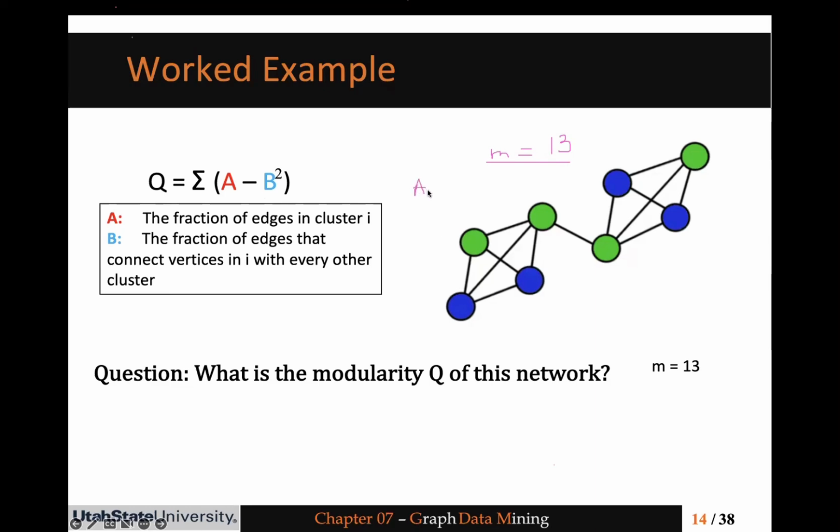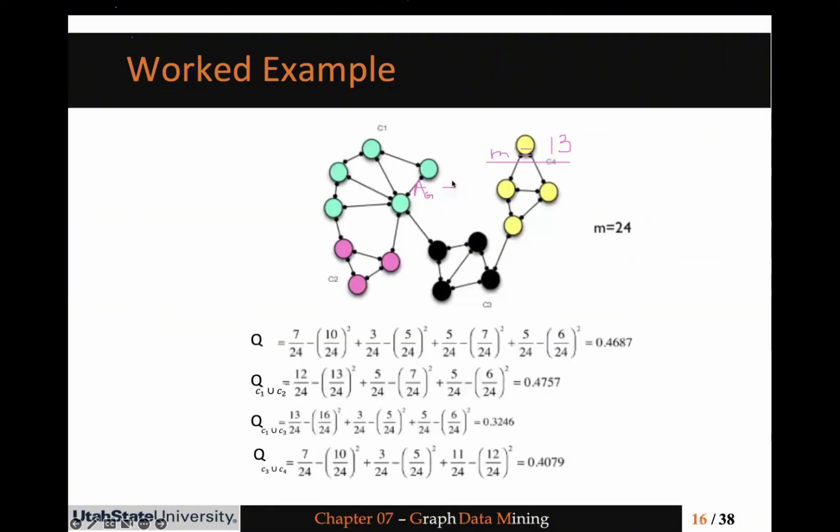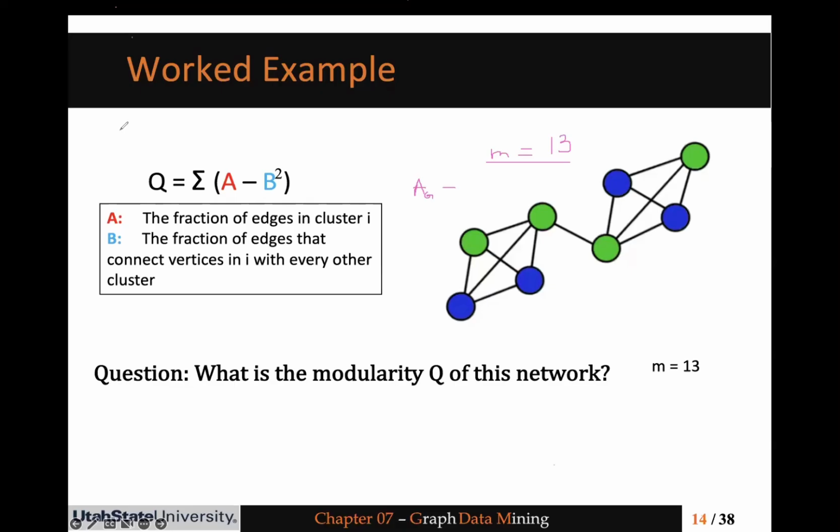Right, so a for the green community, which is the fraction of edges that link the green together versus the green to the outside world, right? So here the denominator will always be 13, which is the number of edges, and let's compute the fraction of edges that link the greens. So we have this edge, and finally this edge, right? So we have only three edges which connect the green community together.